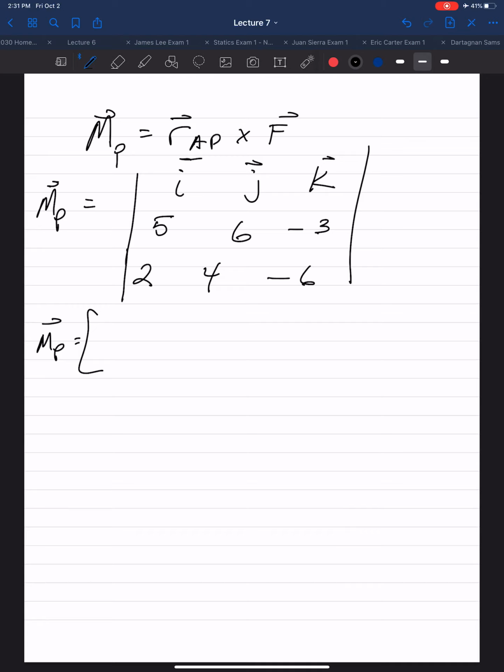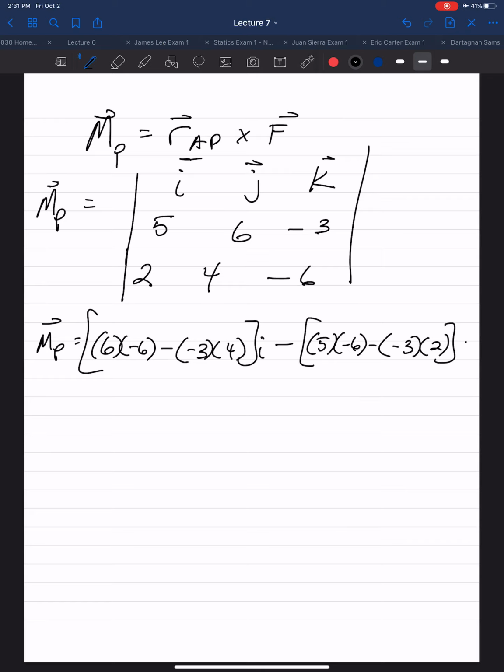We ignore the top row in the first column. So that would be 6 times -6 minus -3 times 4. Remember we always subtract the second term, the j term. We ignore the top row in the second column. So that's 5 times -6 minus -3 times 2, j, plus, now for k, we ignore the top row in the third column. So that's 5 times 4 minus 6 times 2, k.